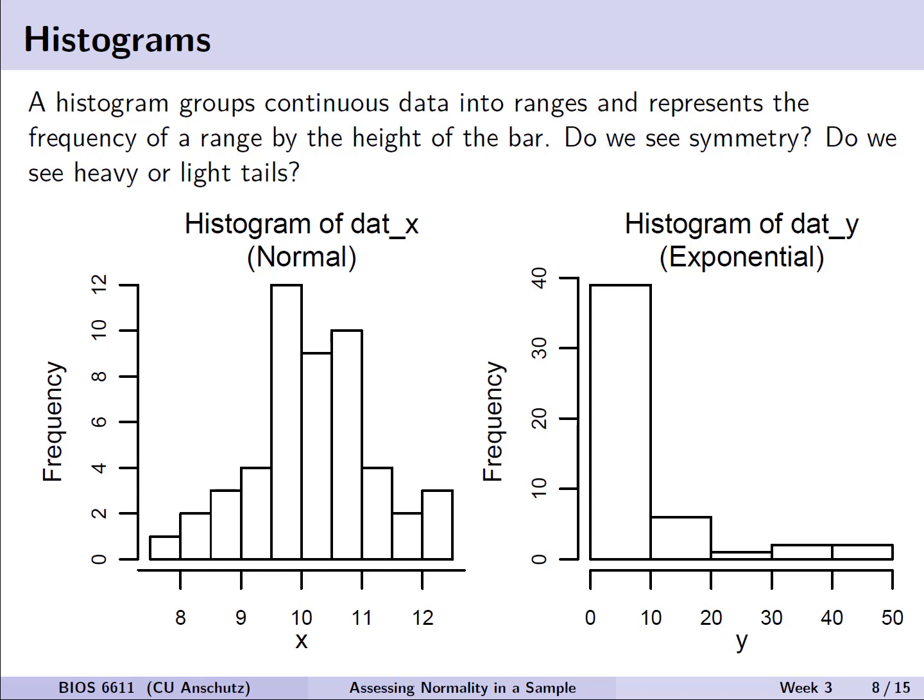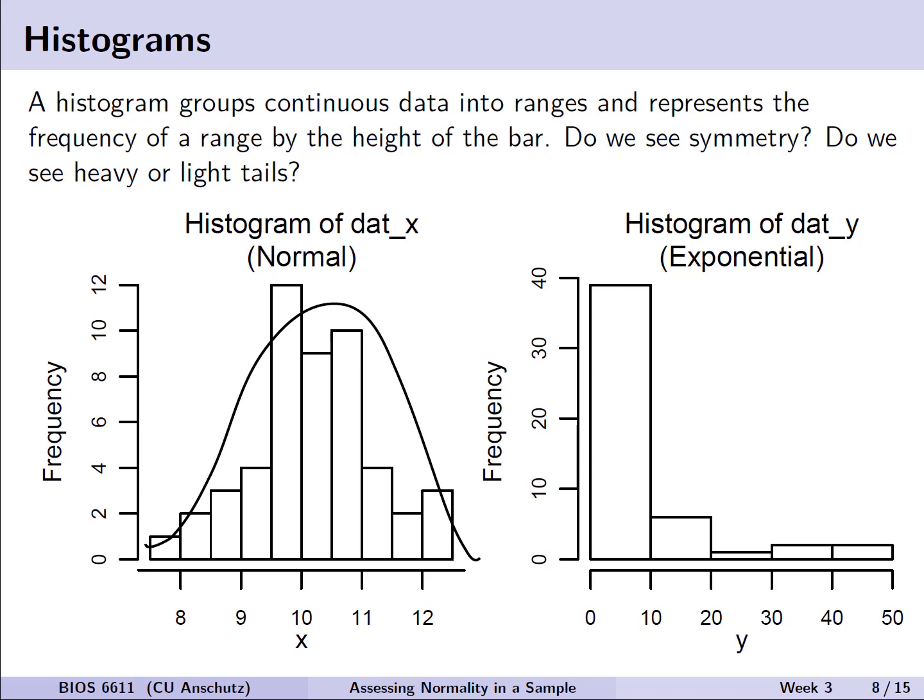So questions we can ask ourselves again, do we see symmetry, and do we see heavy or lighter tails? Now, of course, because it is a random sample, things aren't going to be perfectly normal for our normally distributed data. If we were to try to draw a bell curve here, we have something that looks vaguely normal, at least normal enough that I might not be too worried.